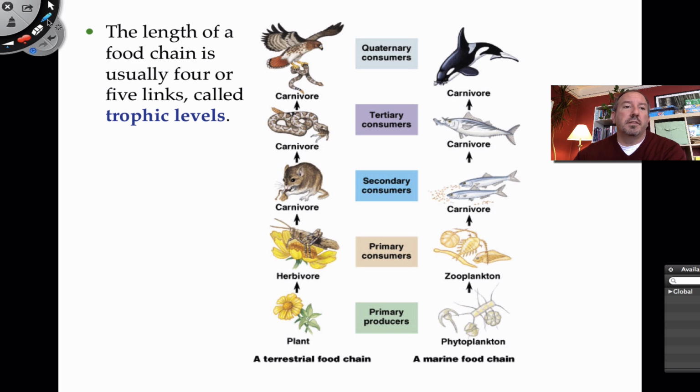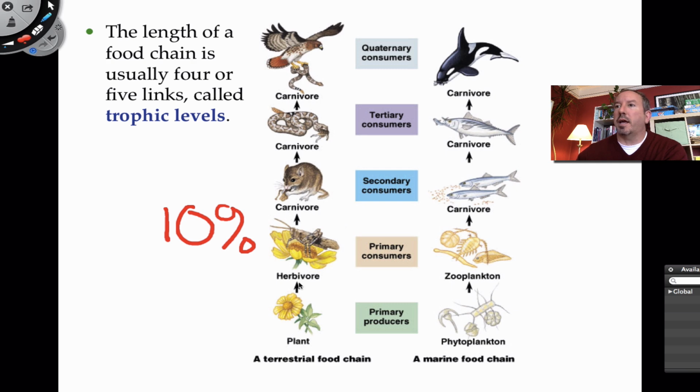This is going to come up in another conversation, but let me give you a little insight into this. The energy efficiency is not very good as you move up. I don't know if you recall this, but it's usually 10%. In other words, of the organic material, like the sugars and organic carbon-containing compounds in the plant, only 10% is going to make up the organic material in the next level up.